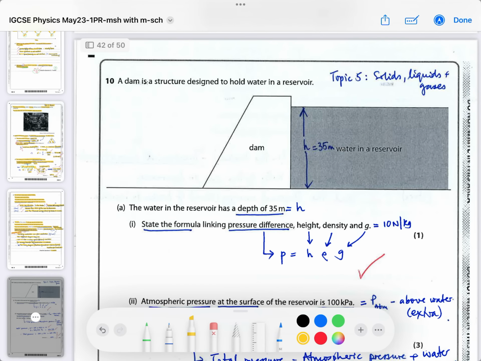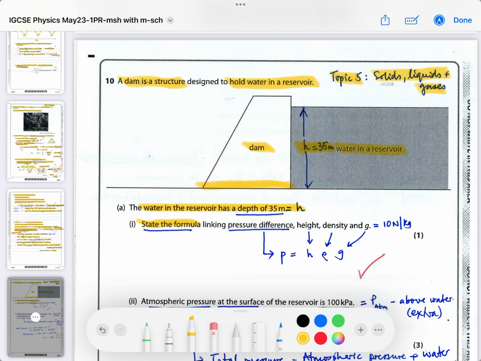Question 14 is about a structure of a dam designed to hold water in a reservoir. That's topic 5, solids, liquids and gases. Pressure of the water in the reservoir. The dam, you'll notice, is thicker at the bottom because that's where the pressure is highest. The water in the reservoir has a depth of 35 meters, which I've drawn here.